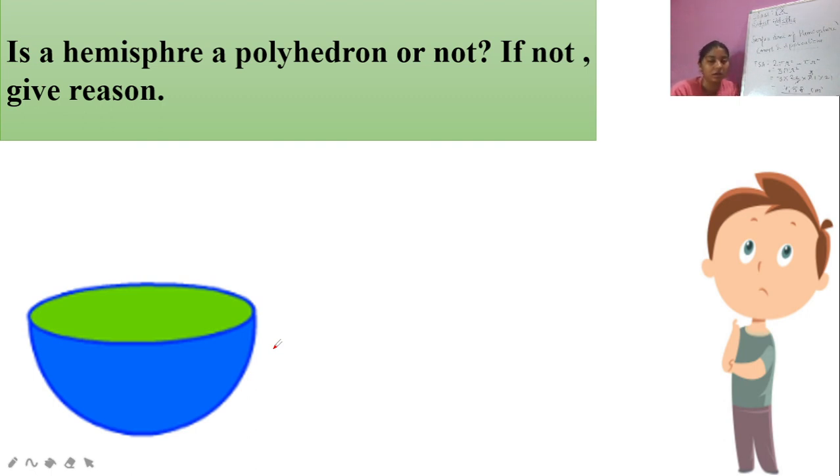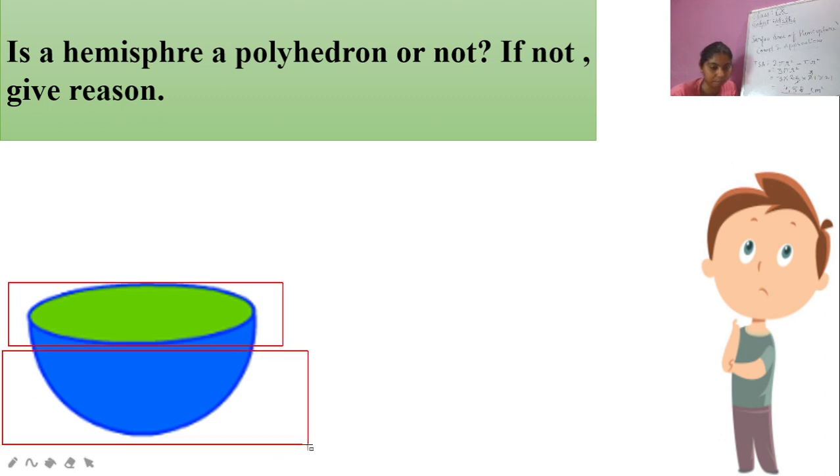Because we can say a hemisphere has two faces. First is a flat one and second is a curved one. As we know, polyhedra are shapes made up of polygons, but here we don't have any other polygons, right?